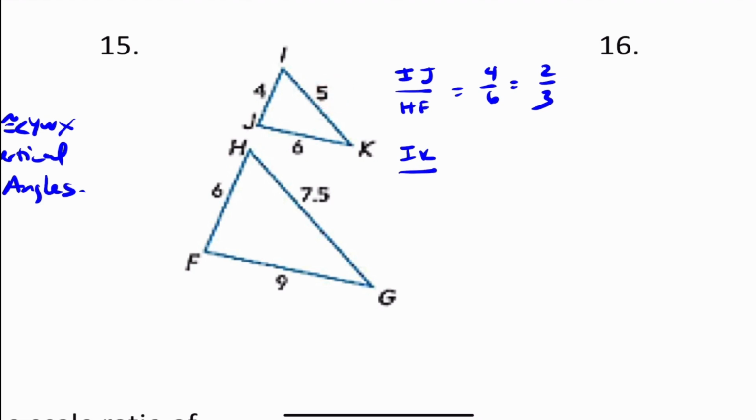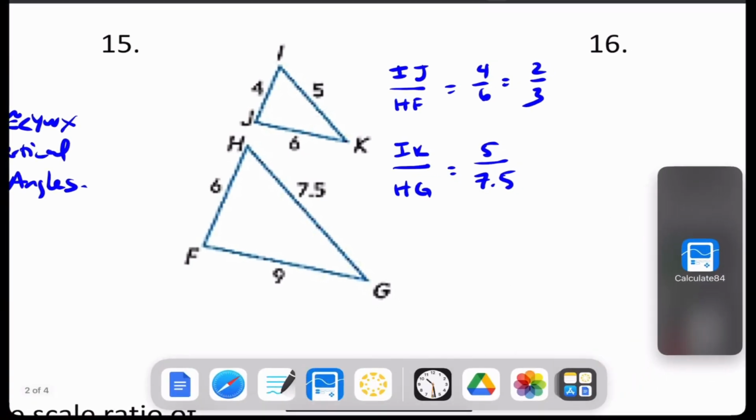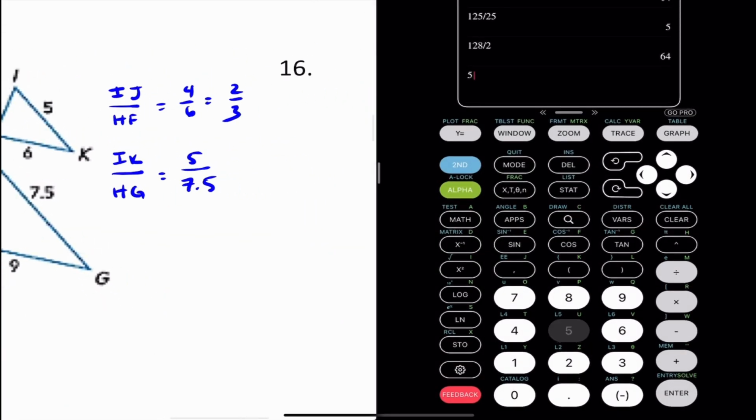Notice that I was going small number to small number, and 5 is the medium number, so it should be 7.5. So IK over HG is equal to 5 over 7.5. Does that give me 2/3? Using my calculator here, 5 divided by 7.5, hit enter, press math, frac, enter, 2/3.